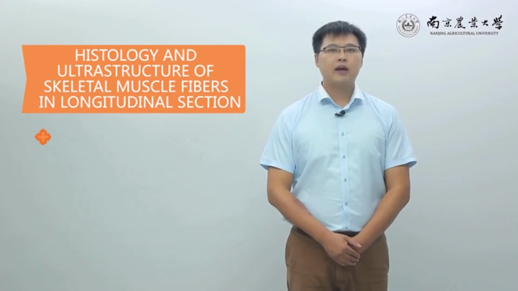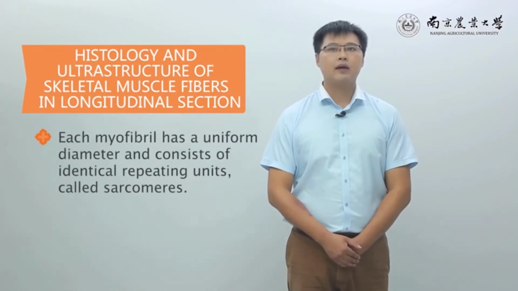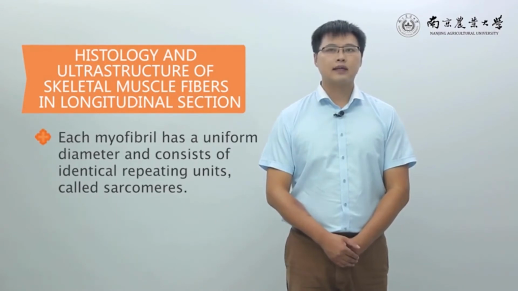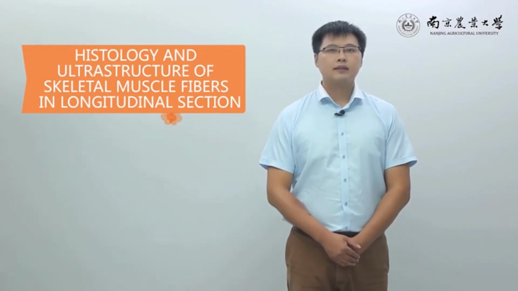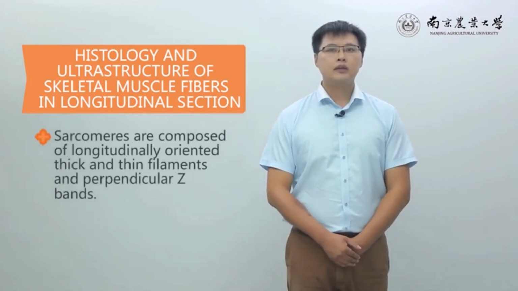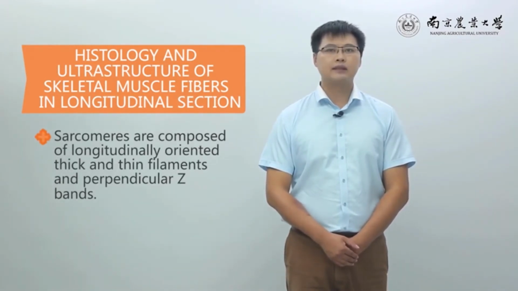Each myofibril has a uniform diameter and consists of identical repeating units called sarcomeres. Sarcomeres are composed of longitudinally arranged thick and thin filaments and perpendicular Z bands.